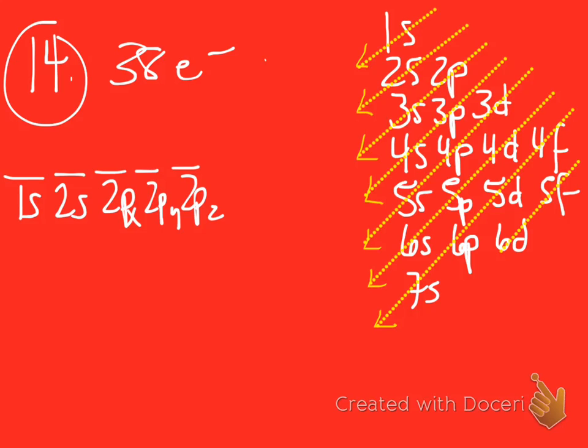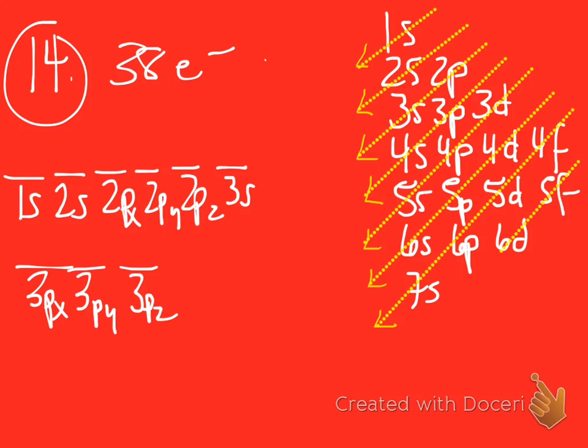That'll get me up to 10. 3s, and I'm going to wrap this, though I don't like to do that. 3px, 3py, 3pz, and that gets me up to 10, 12, 18. Oy vey. Okay, 10, 12, 18 at 3p.